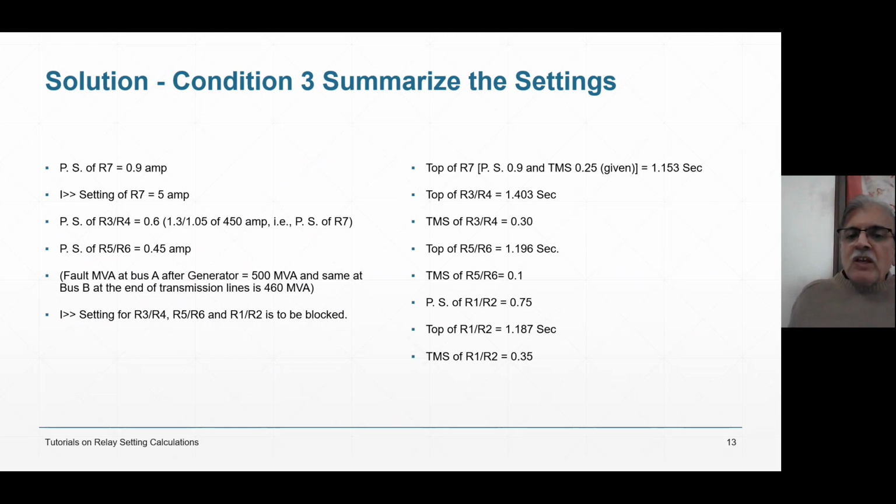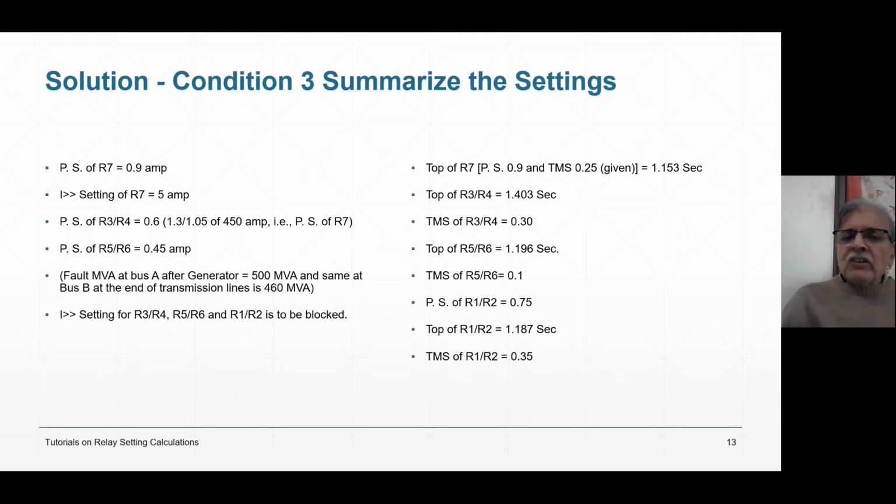Further, TMS of R3, R4, if you calculate on same lines, it is 0.3. Time of operation of R5, R6 is 0.25 less than 1.403. So that is 1.196. You can check up. And see 1.4 minus 0.25 is 1.15.